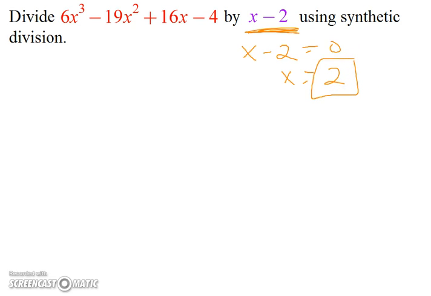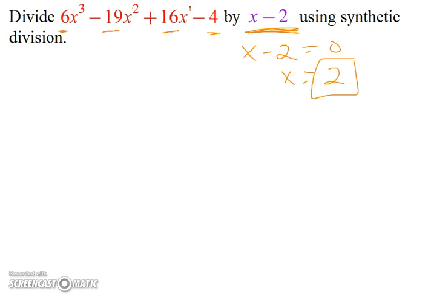Okay? So the way I set up my synthetic division is I don't care about the variables, I only care about the coefficients. So I'm going to write all my coefficients in order from highest power down to the lowest power, making sure I don't skip any. In this particular problem, I see x cubed, x squared, x to the first, and the constant. So I have all my terms.